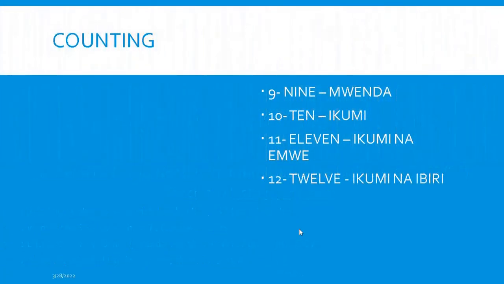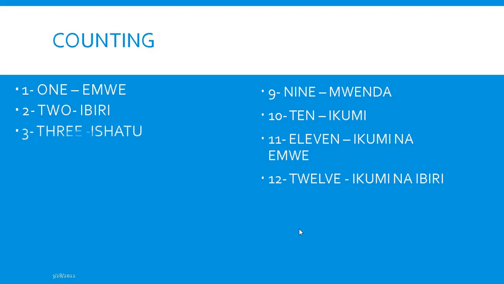Now our lesson, which is counting, and you're going to learn with counting. We have 1 in Runyankole. 1 is called emwe, 2 is called ibiri, 3 is called ishatu. Now an example, we have cows.